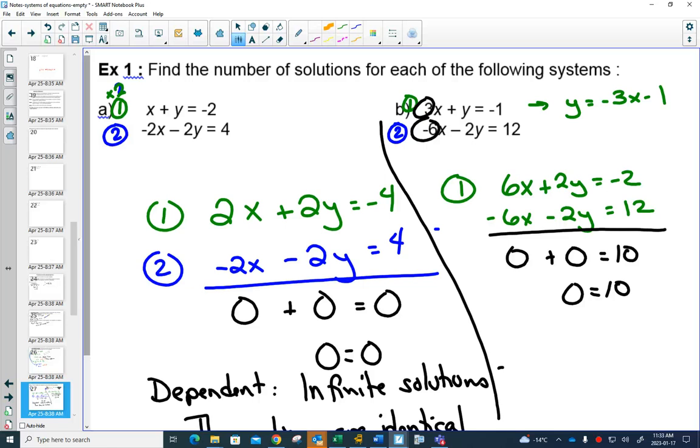Do the y's have to be the same then? No, usually you just make one variable the same, either the x or the y, to eliminate them, but then that lets you solve for the other variable. It's only in these systems that it goes away.